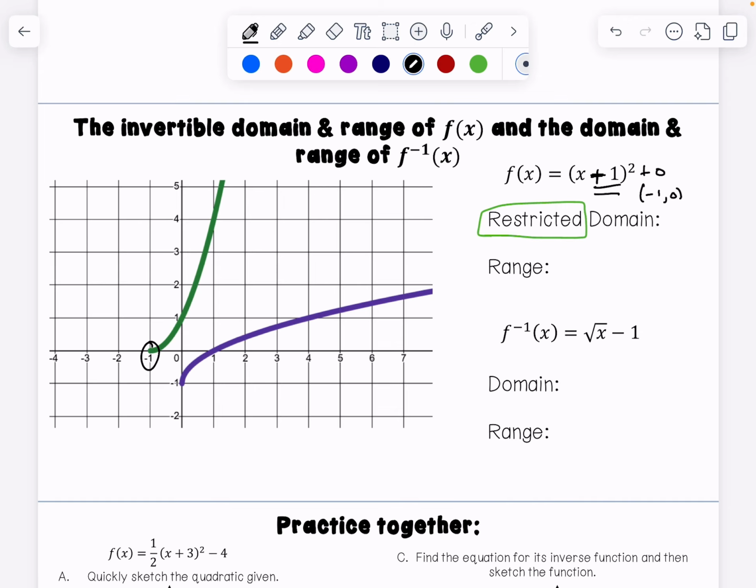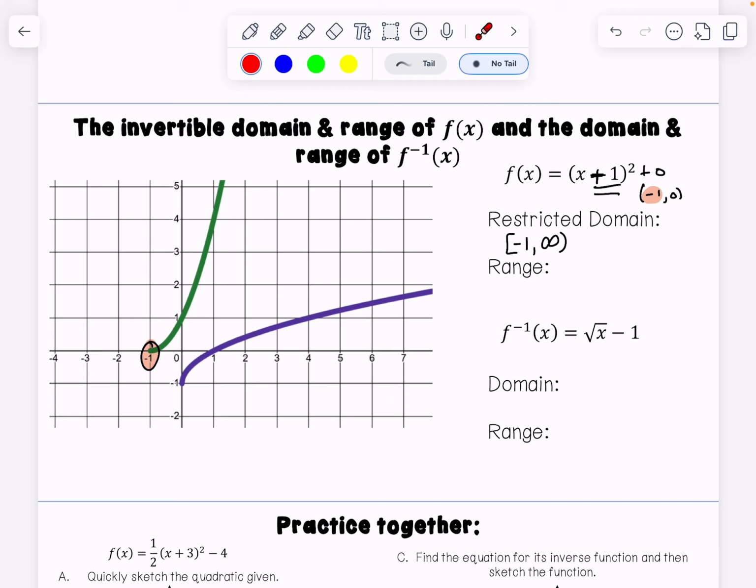So I can see that the x value where my domain starts is the x value of that vertex. So I can say that my domain is from -1, and then it's going to keep going to the right. We know that quadratics keep going on forever, and we didn't cut anything on this side. We cut the left-hand side off. We're saying, hey, we're only going to start at that vertex, and then we're going to keep going on forever.